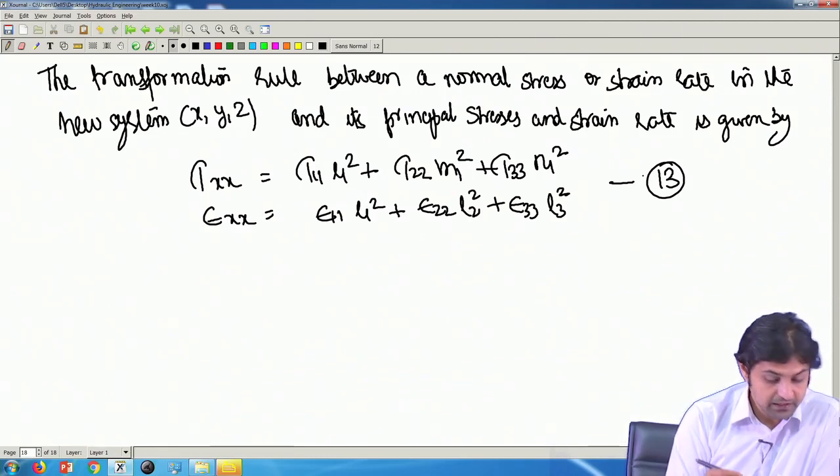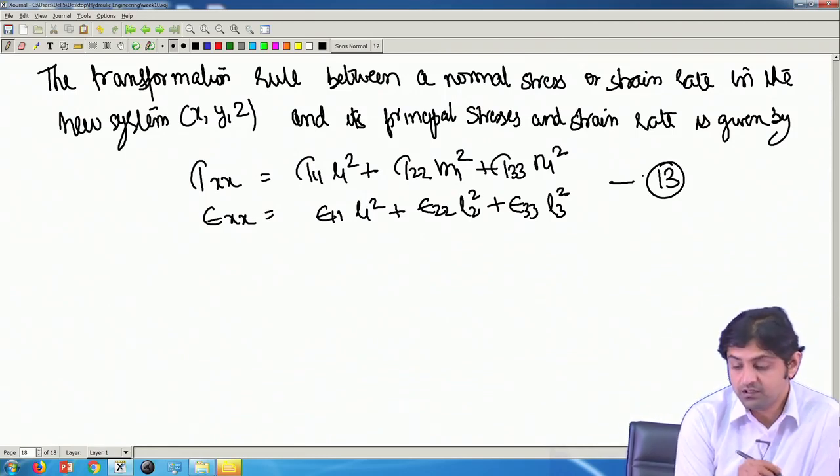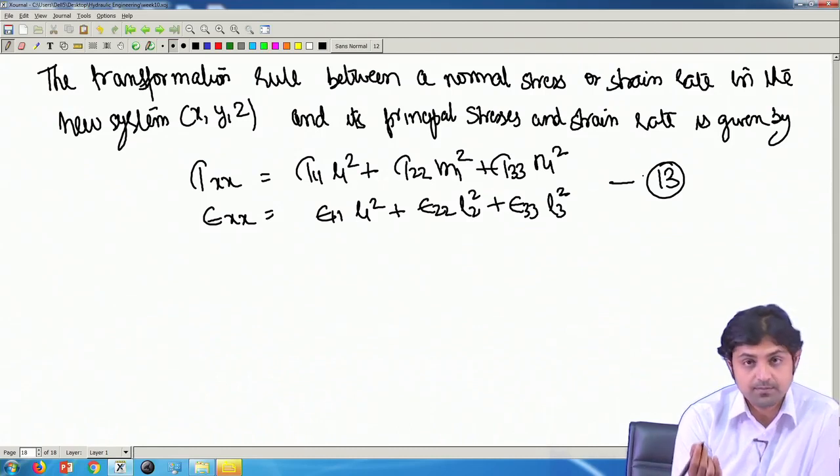This is equation number 13, which relates the normal stresses.